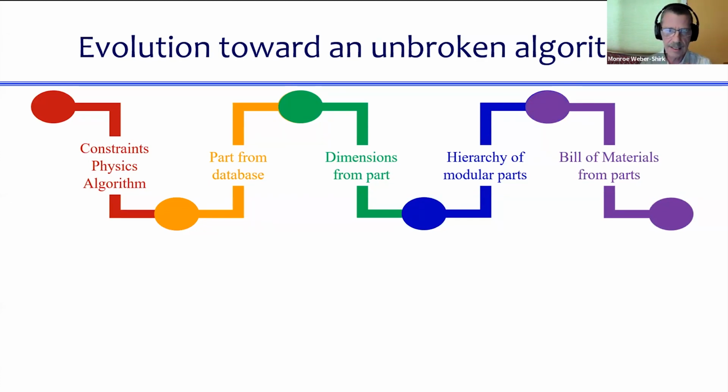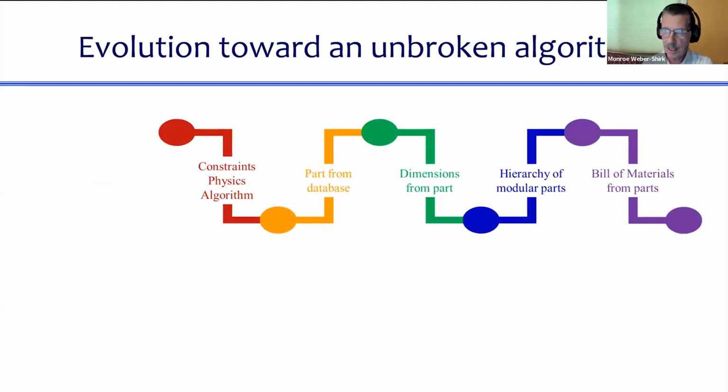And I just realized now, I said finally there, but there's going to be more pieces to this. Eventually, there's going to be an engineering report that's going to be automatically generated as part of this, which is what the Microsoft Word document was used for in our previous design approach. So there's more of this unbroken algorithm to come. And then there's another piece that I know you're thinking about in the Onshape world, and that is simulation.